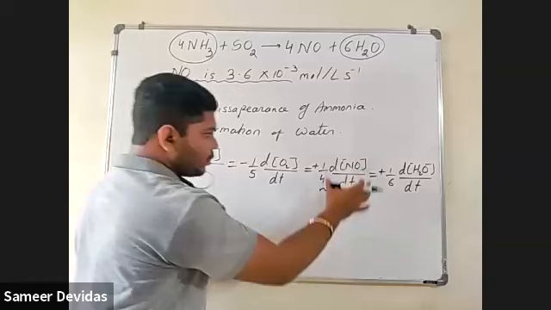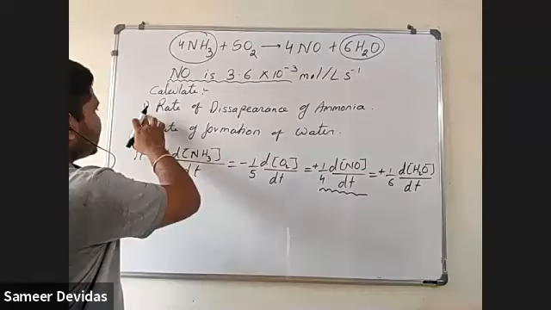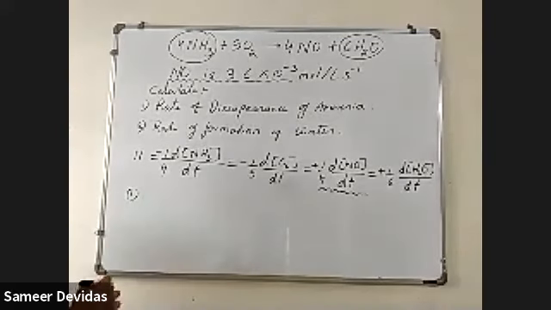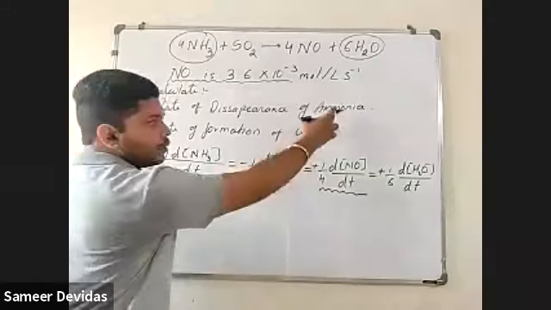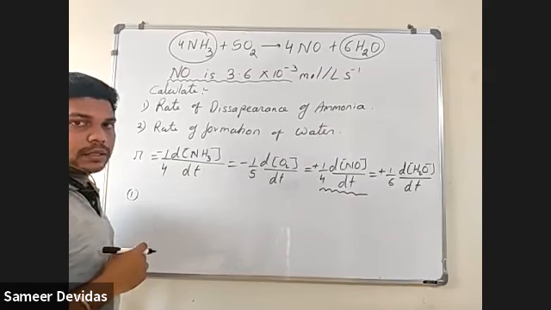So first we will see the rate of disappearance of ammonia. So whose rate are they asking you to find? Ammonia. Where is it? First.